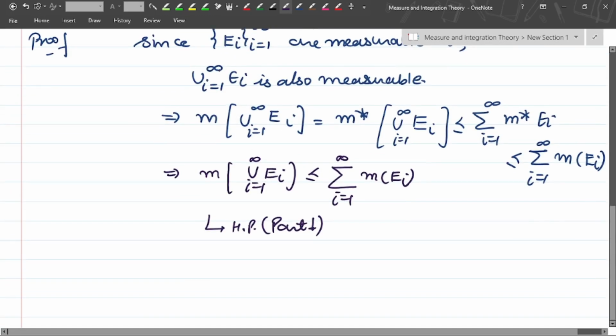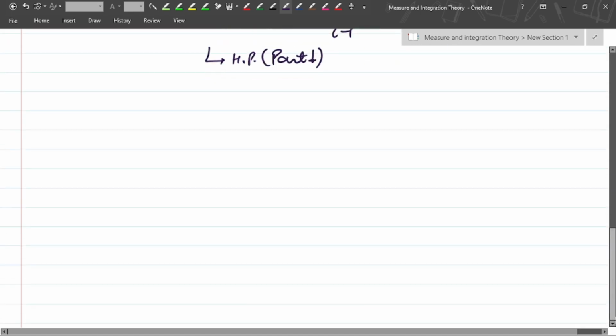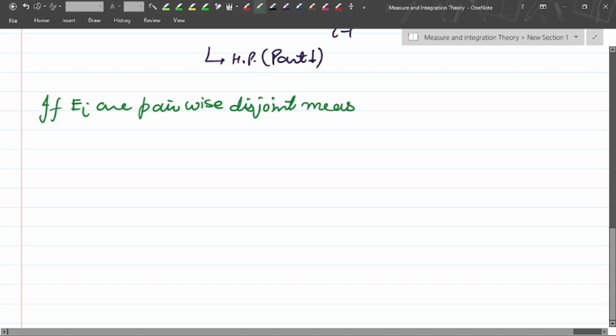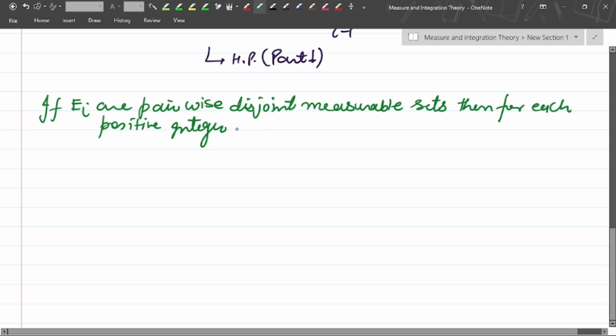Now we'll try to prove the equality. If all Ei are pairwise disjoint measurable sets, then for each positive integer n, the sets E1, E2, E3 up to En are measurable.